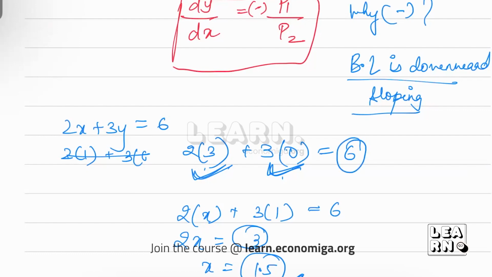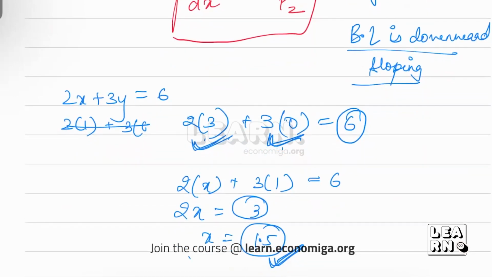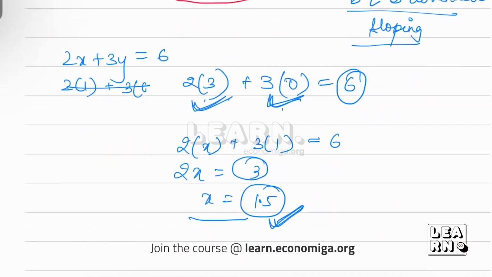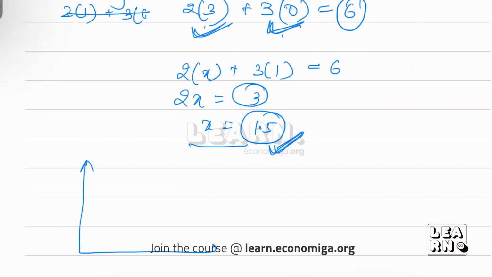I'm not increasing the consumer's money income. That is the reason why X has to fall if I increase Y, or Y has to fall if I want to increase X.